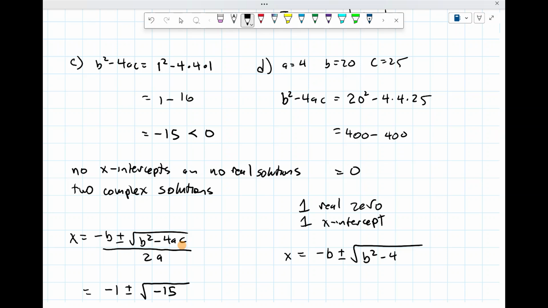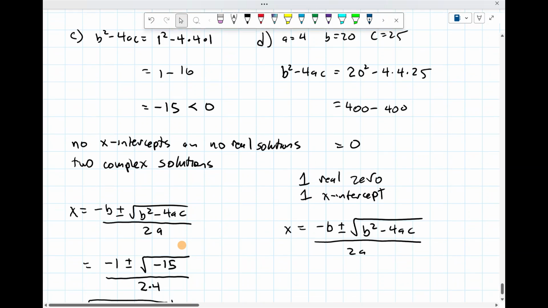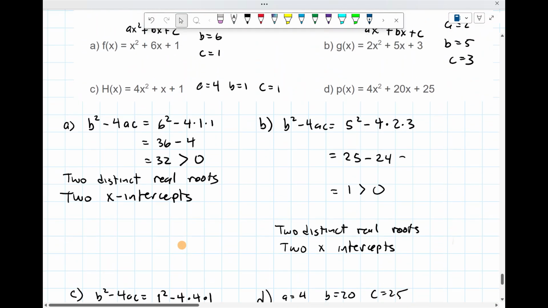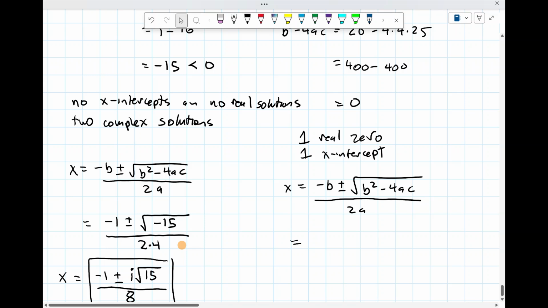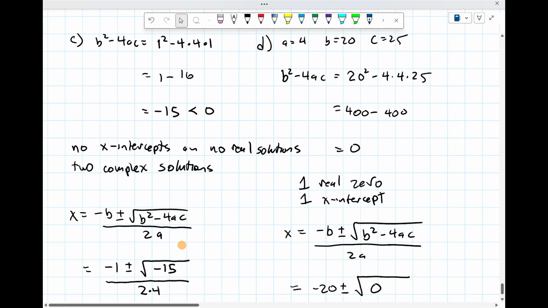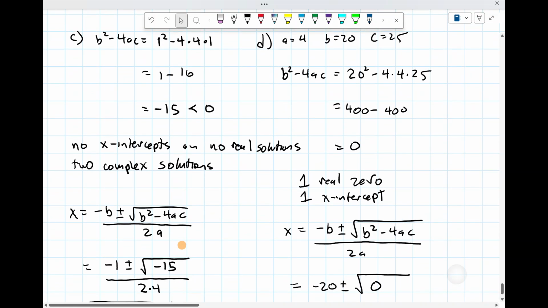First, I write down my formula, and then I plug in my numbers. So b is equal to 20. Since it's a positive 20, let me make sure I didn't. Yeah, everything's positive there. So this will be negative 20 plus or minus, and we already figured out that b squared minus 4ac is just square root of 0. And then all over 2 times 4.